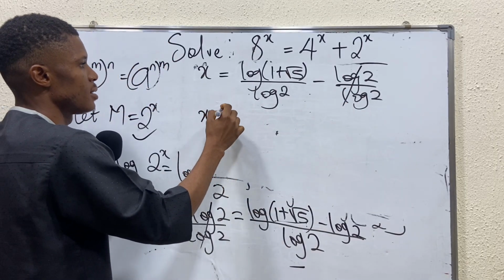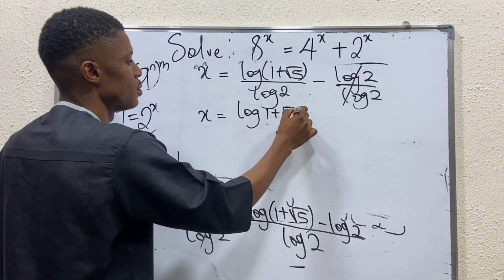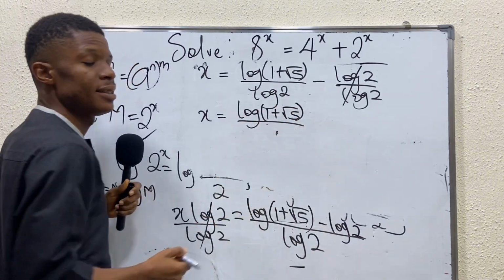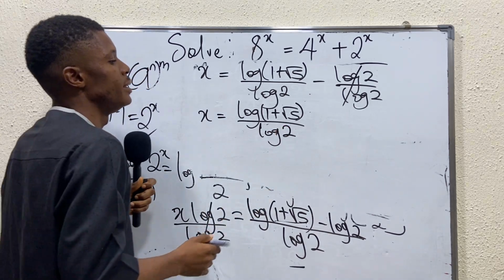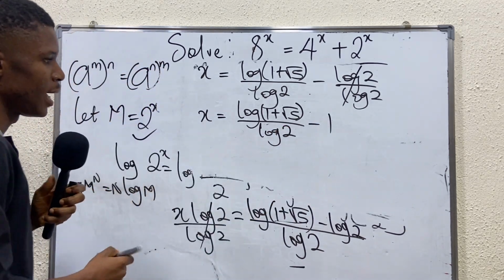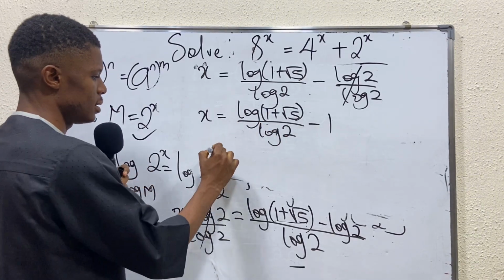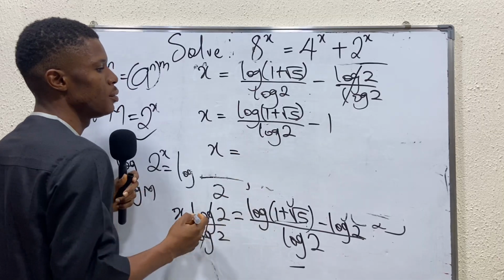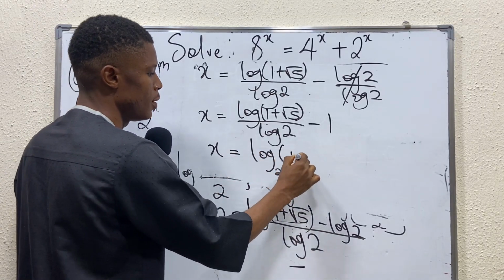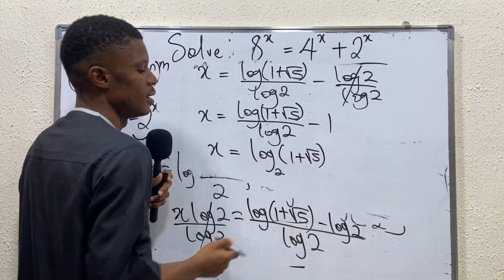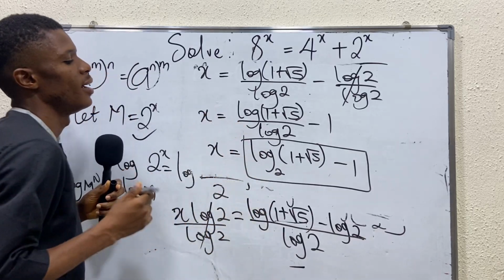We have that x is equal to log of 1 plus root 5 divided by log 2, then minus 1. Since they are of the same base, we can use change of base. So we write it as x is equal to log base 2 of 1 plus root 5, then minus 1. And this is the value for x.